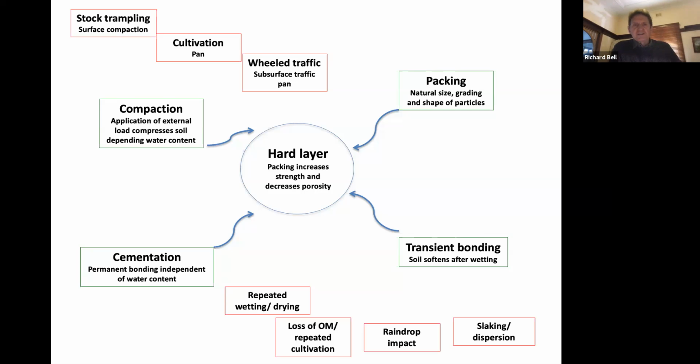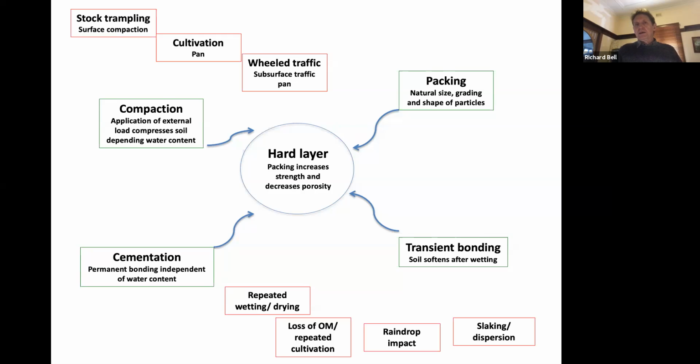So, putting this into context of hard layers, hardness comes from packing. So just the way in which the sand, silt and clay packs together. If you've got the right combination of sand and then silt that fits into the pores between the sand and then clay that fits in the smaller pores, then it can all bind together into a hard packing or hard setting type of condition.